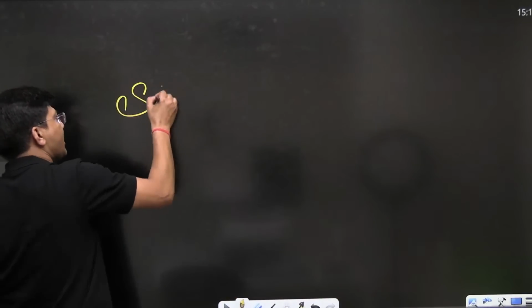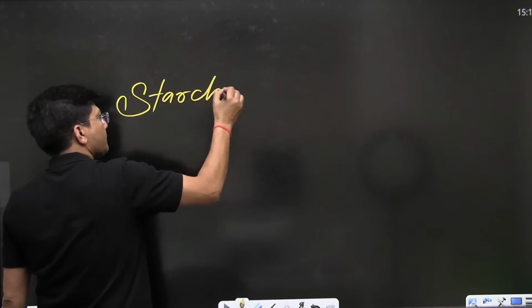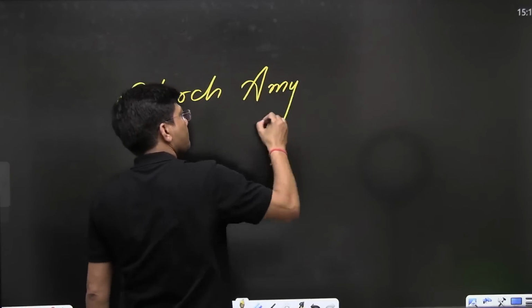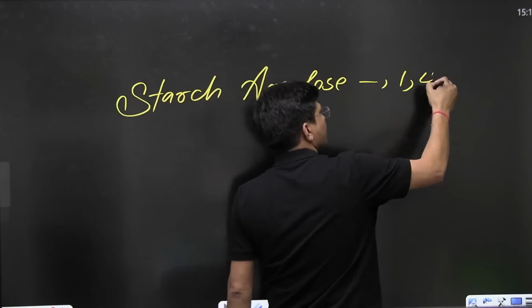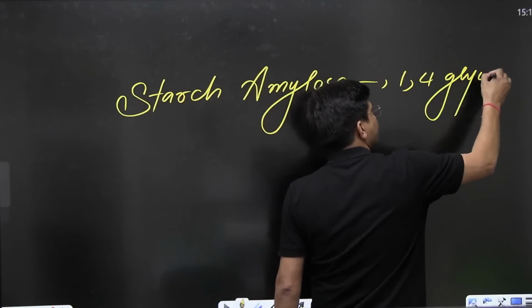If I talk about three structures, one is starch amylose: only 1,4-glycosidic linkage, right?